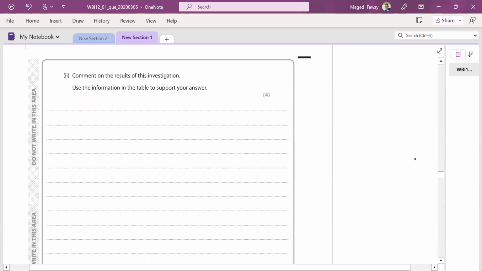Then there is this investigation table. What's your answer?